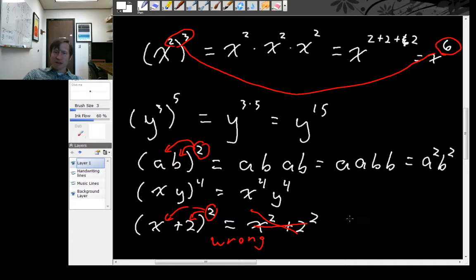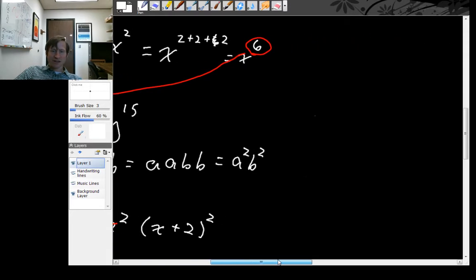At the end of Math 084, you probably talked about polynomials, and you saw that to actually calculate x plus 2 squared, what you need to do is just expand the squaring. So this is x plus 2 times x plus 2.